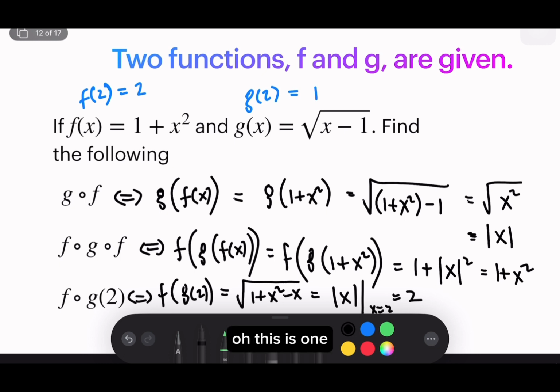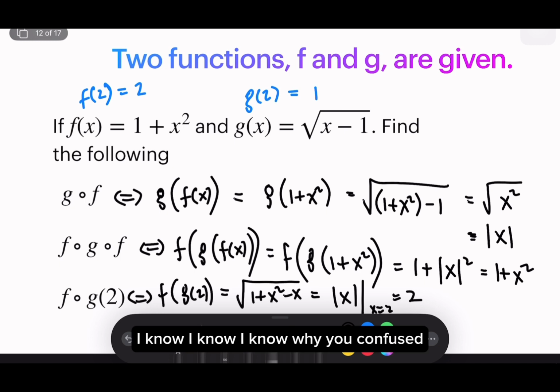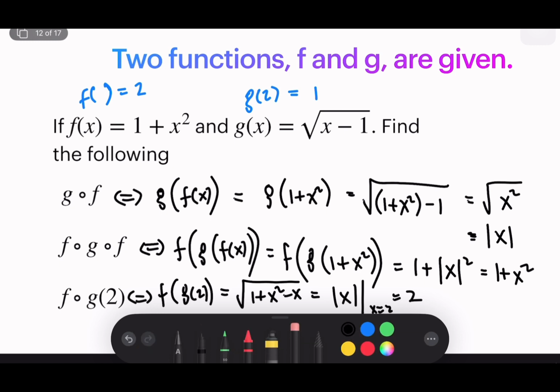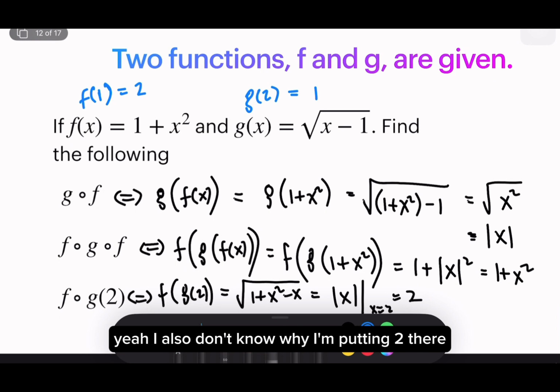Oh, this is 1. Sorry. I know why you're confused. You thought I was correct before? Yeah, sorry, that makes sense. I also don't know why I'm putting 2 there.